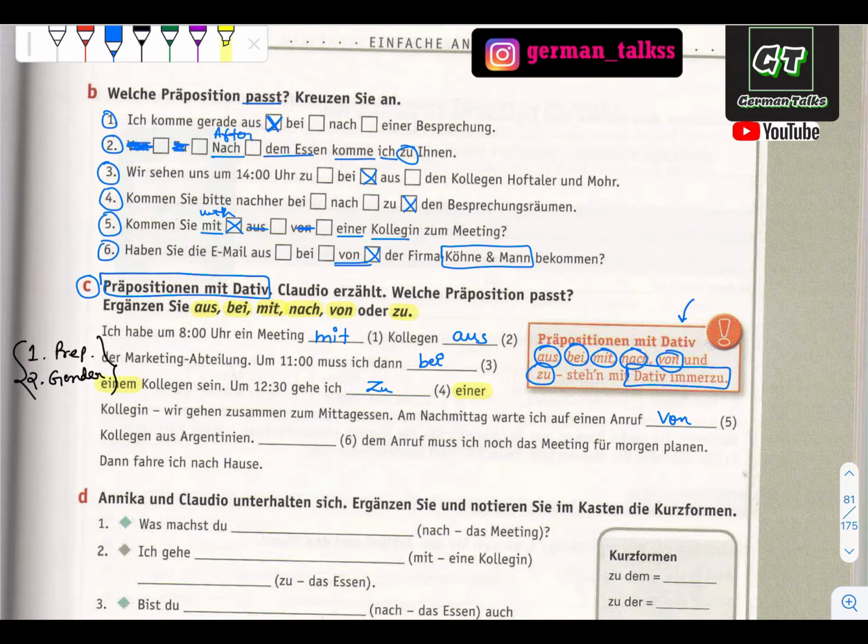Nach dem Anruf muss ich noch das Meeting für morgen planen. Dann fahre ich nach Hause. So the preposition topic is all about your context. According to the context you will do it.